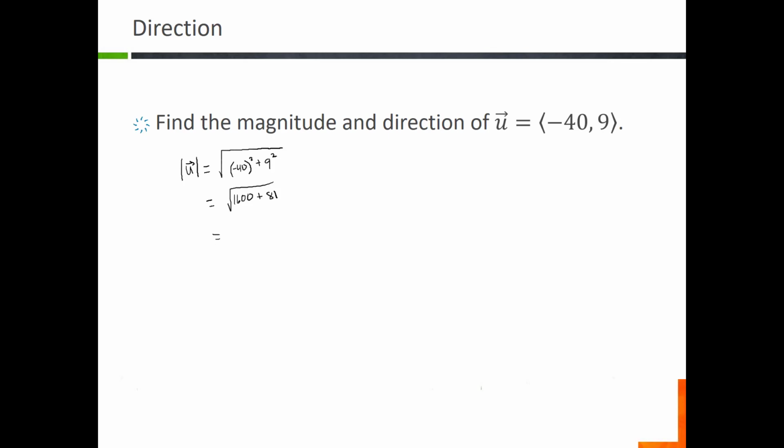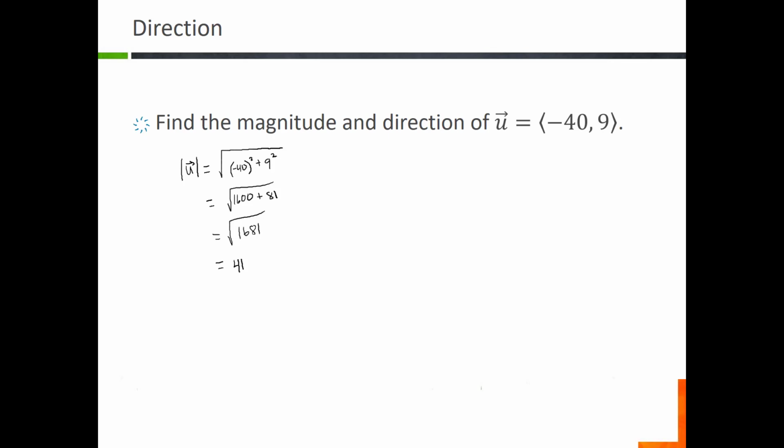And so that becomes the square root of 1681. You might want to use your calculator to simplify this, but that turns out to just be 41. So the magnitude of our vector, negative 40 comma 9, is 41. All right, so that's pretty easy.